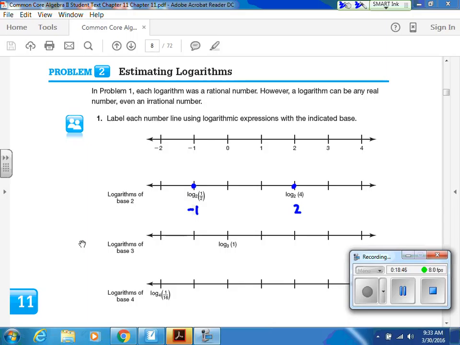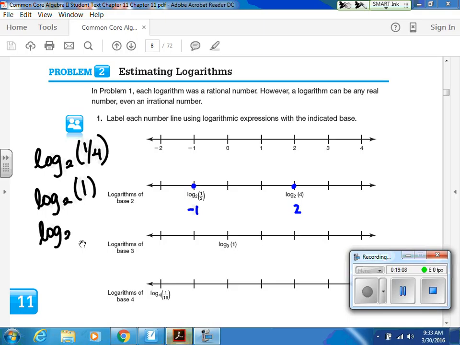Alright. Let me ask you this. Place these twos on there. Okay, do these. Do those. Where would those go?